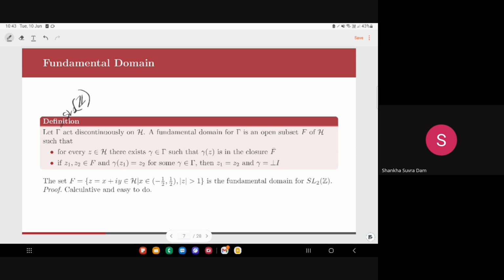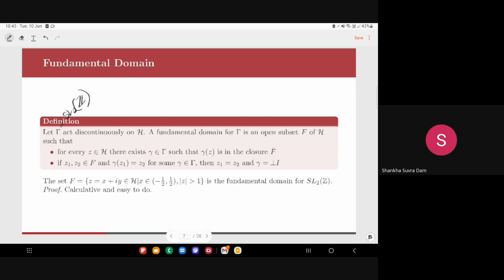A fundamental domain for gamma is an open subset F of the upper half plane such that for every z in the upper half plane, there exists a gamma in gamma such that gamma z is in the closure F bar. And if there are any z1, z2 in F, gamma of z1 equal to z2 means that z1 is equal to z2.